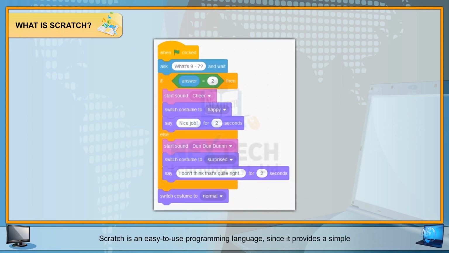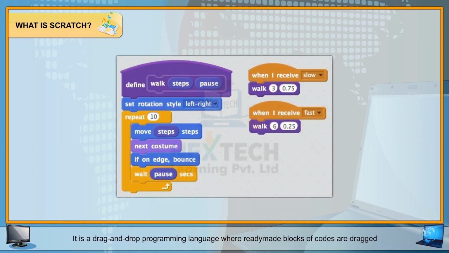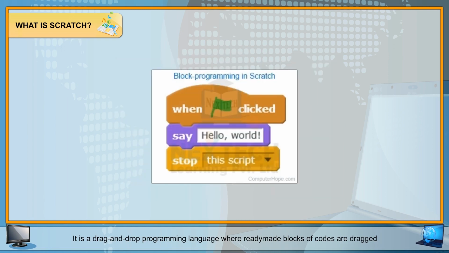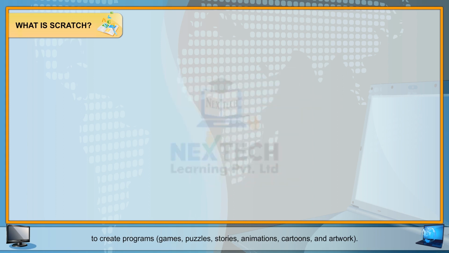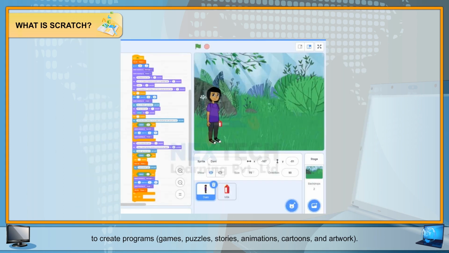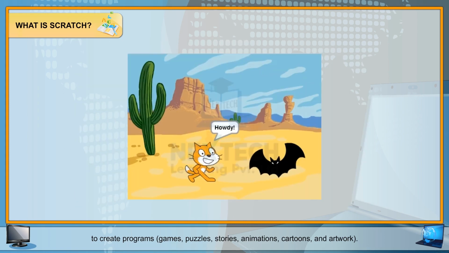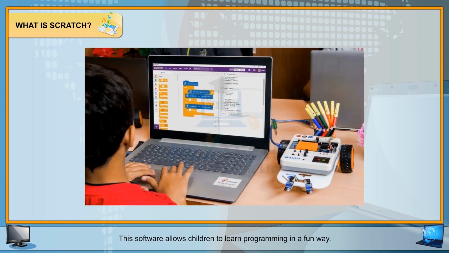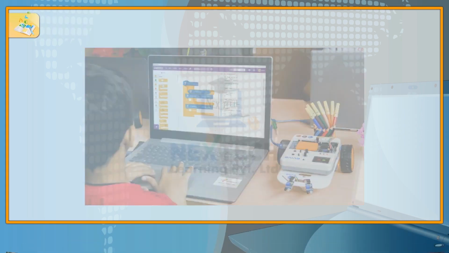Scratch is an easy-to-use programming language since it provides a simple interactive environment to create programs. It is a drag-and-drop programming language where ready-made blocks of code are dragged to create programs. You can create games, puzzles, stories, animations, cartoons, and artwork. This software allows children to learn programming in a fun way.